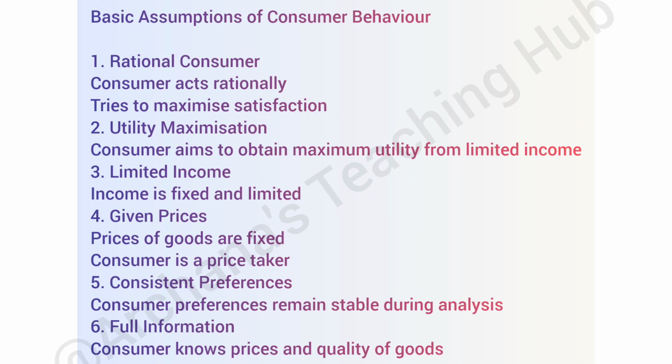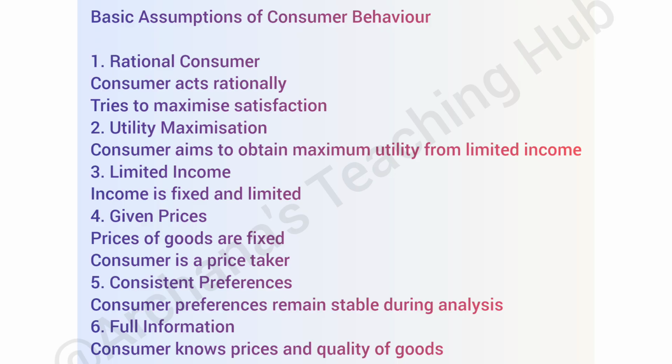Basic assumptions of consumer behavior. First, rational consumer. Consumers act rationally, try to maximize satisfaction. Second, utility maximization. Consumer aims to obtain maximum utility from limited income. Third, limited income.